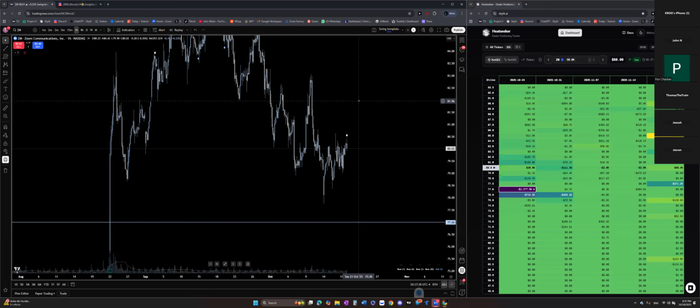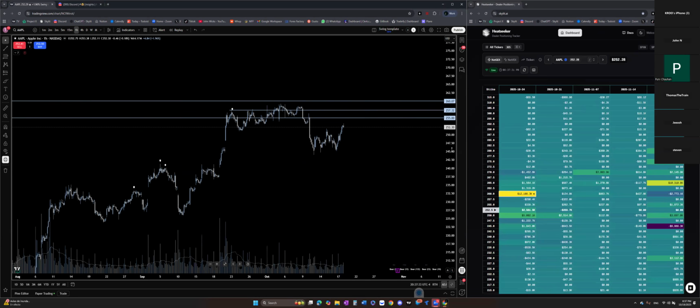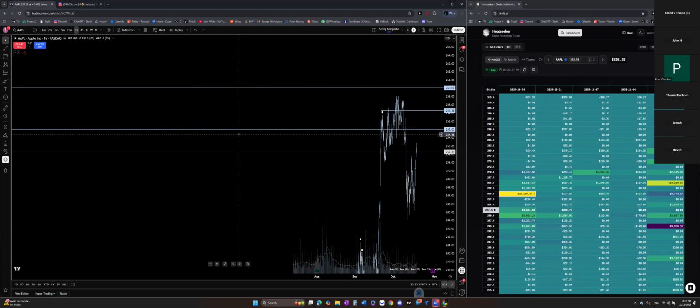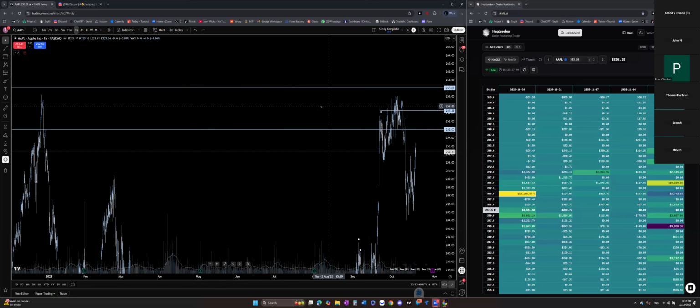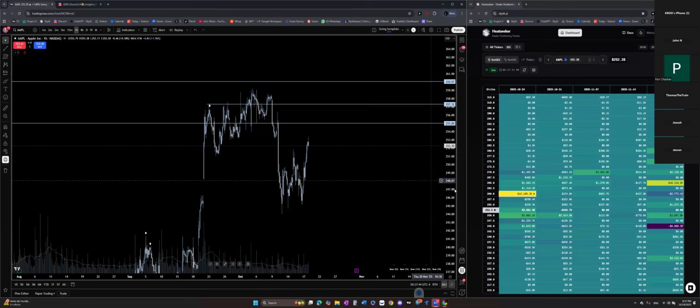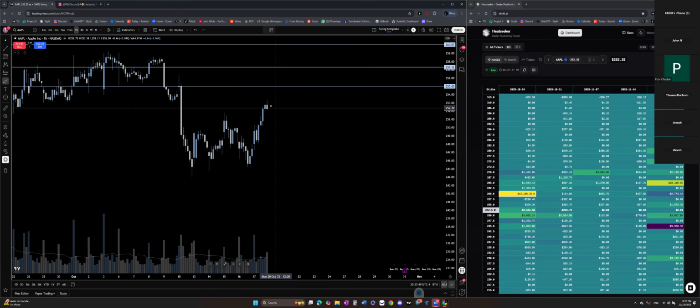Apple. 260, 260 is all-time highs. Yep, 260 is all-time highs. It looks like Apple already ran. You see this here, a run from 245 up to 252. I wouldn't be trying to chase calls up to 260. We already moved 50%.